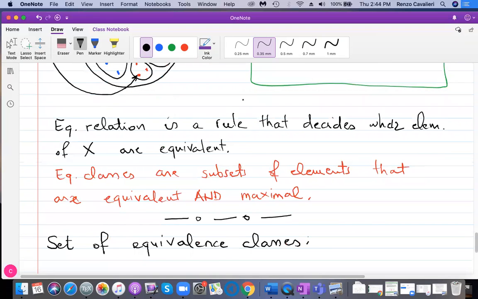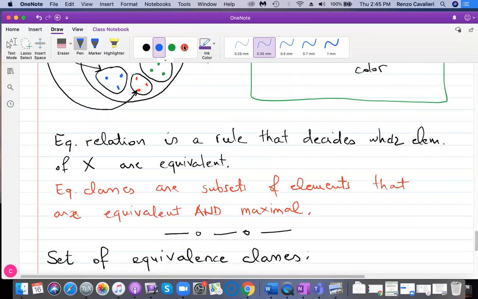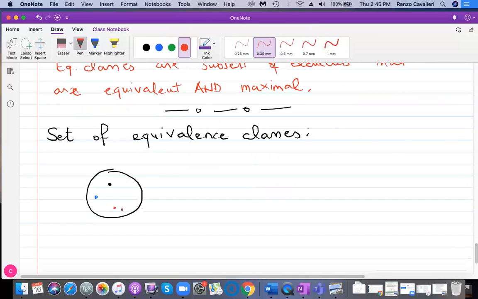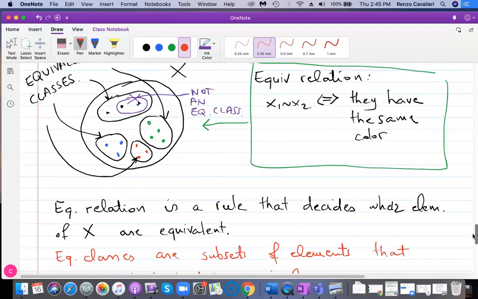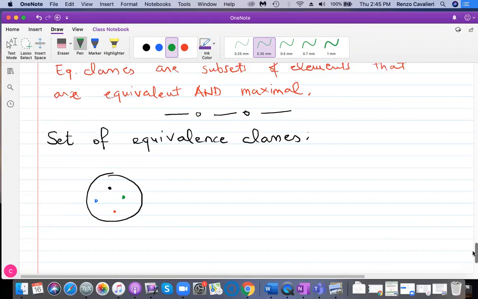I have one equivalence class consisting of blue elements, so I'm going to denote it with a blue dot. One equivalence class consisting of red elements, so a red dot. And an equivalence class consisting of green elements, so a green dot.